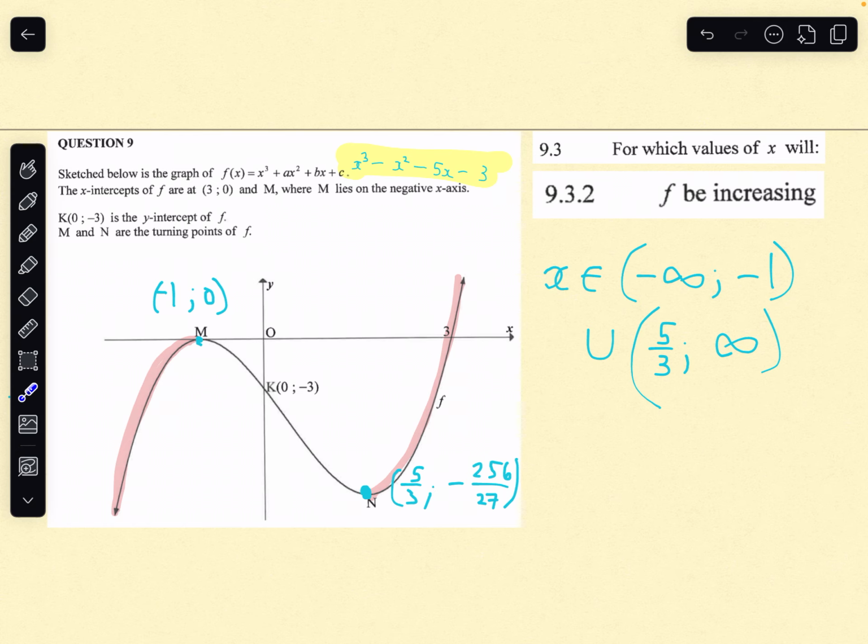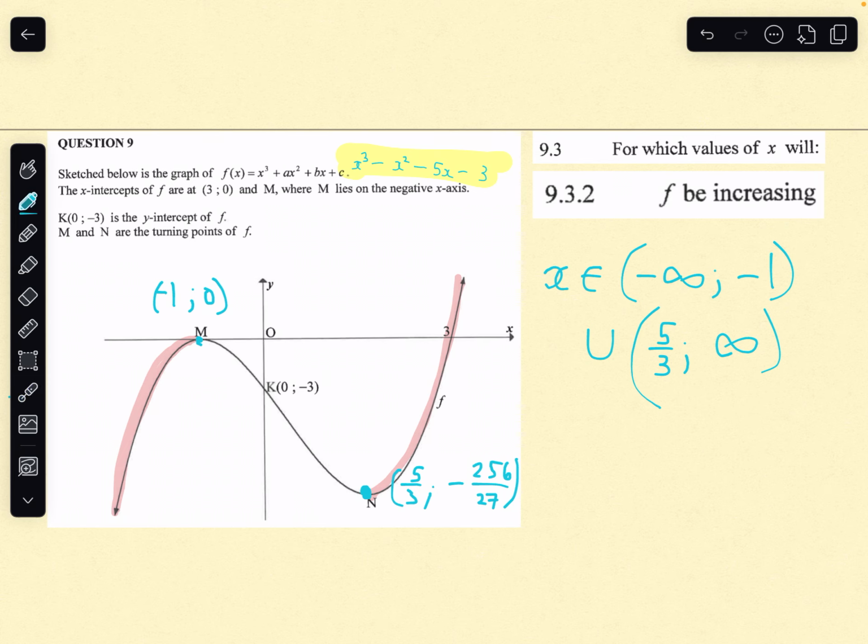I think when you get to varsity, they begin to distinguish between a graph simply increasing and strictly increasing. So when it's strictly increasing, then we really don't include the turning points. But if you just say increasing, you can include the turning points. But I think in high school, increasing means exclude the turning points. I don't know.